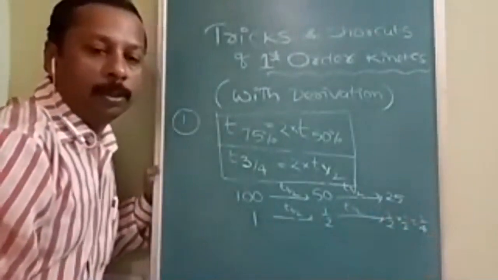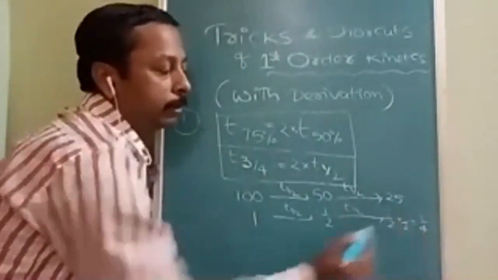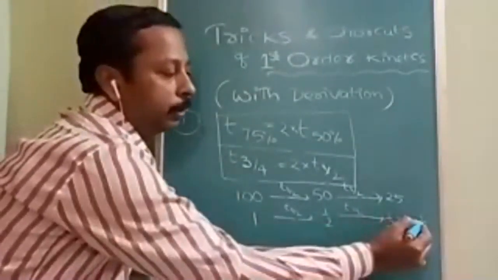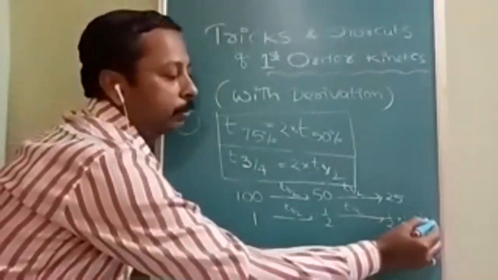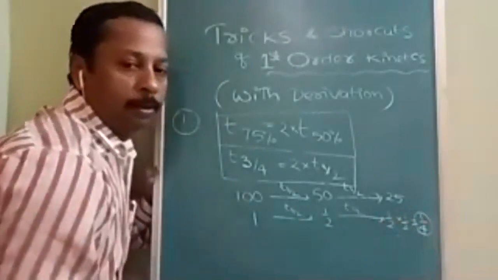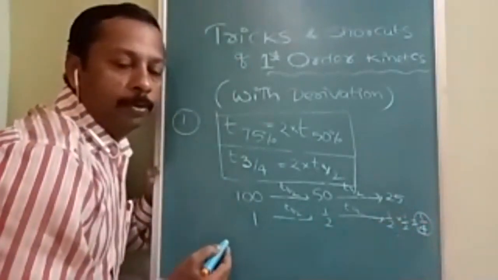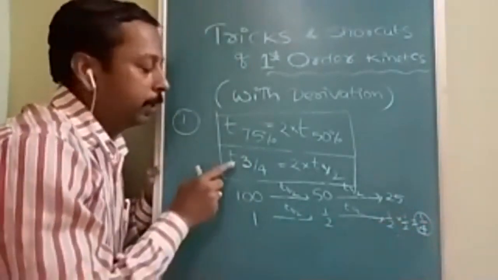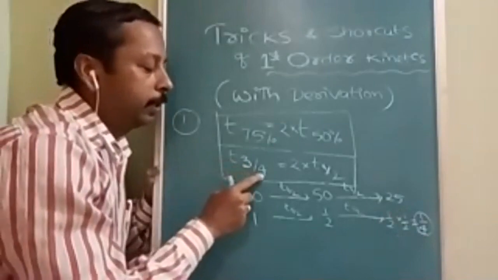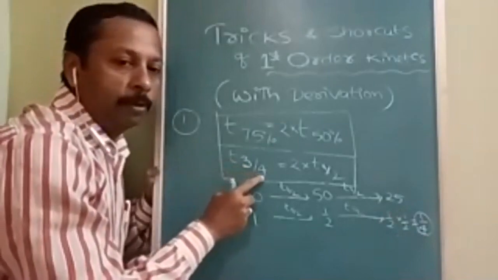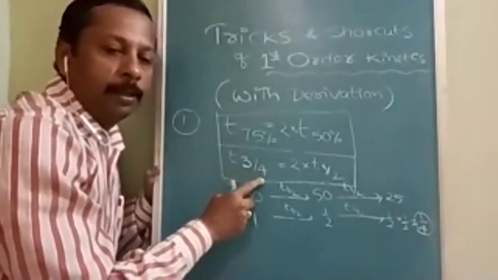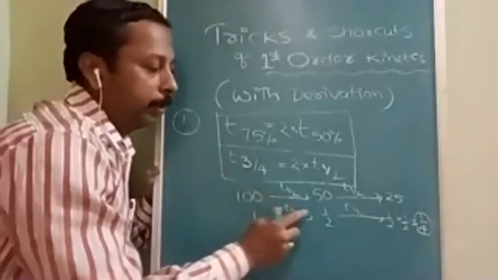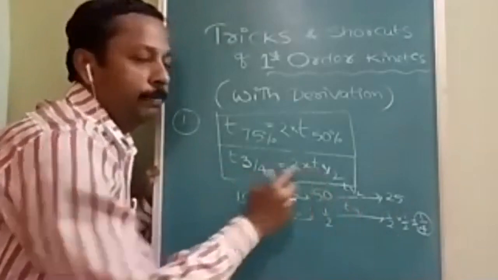So 1 by 4th is left over. How much is consumed? 3 by 4th is consumed. The time taken by the reactant to consume 3 by 4th of its initial concentration is called T3 by 4th. How many times have we made it? 2 times T half.